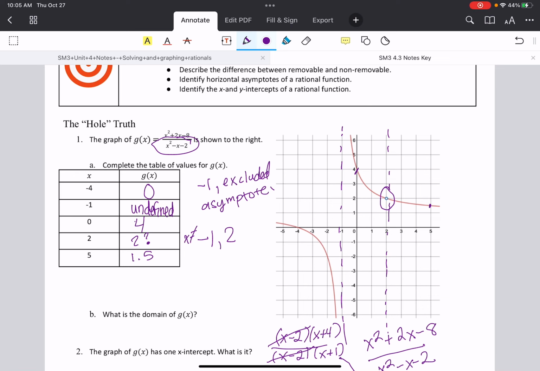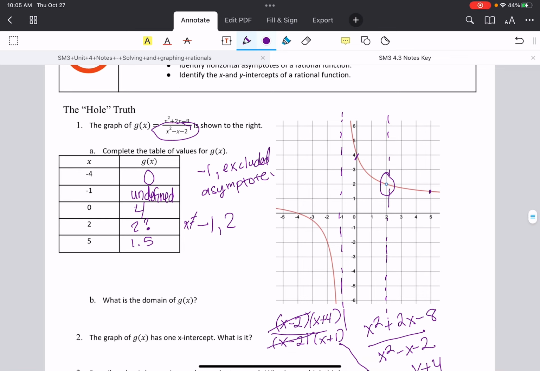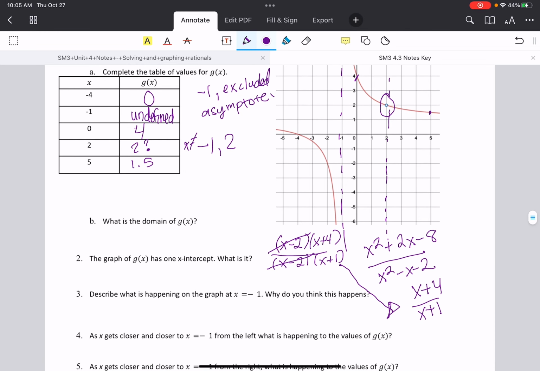So this is what's happening. This excluded value matters in this equation, but only at the point x equals 2. Everywhere else is exactly like the other equation, okay?